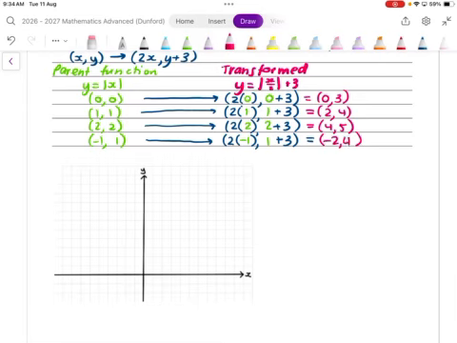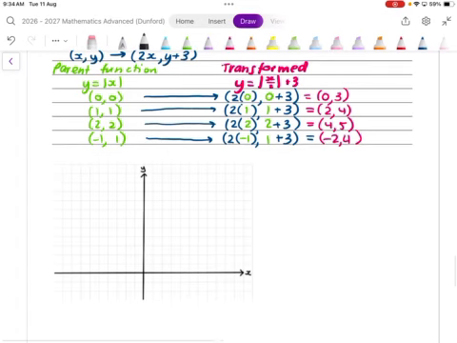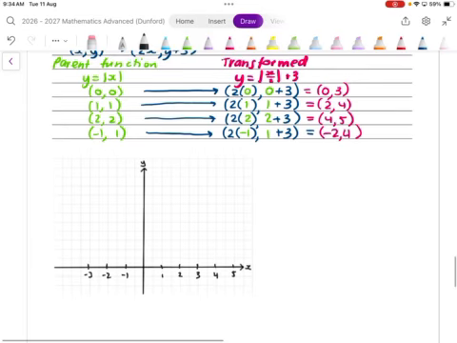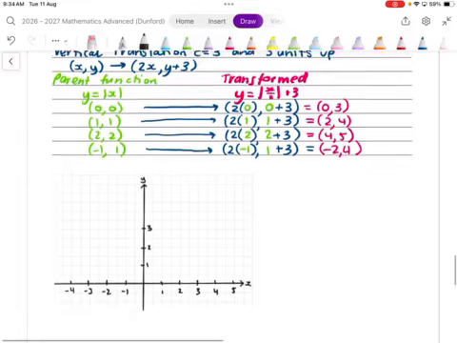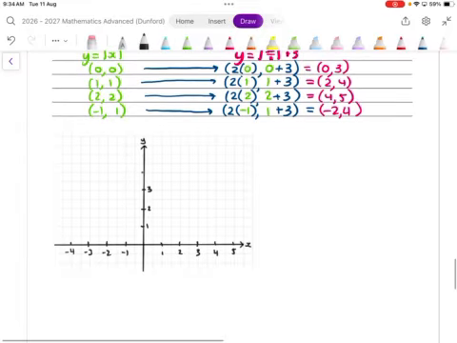Okay, so now if we were to sketch this, we are going to go 1, 2, 3, 4, 5, minus 1, minus 2, minus 3, minus 4, and 1, 2, 3, 4, 5.